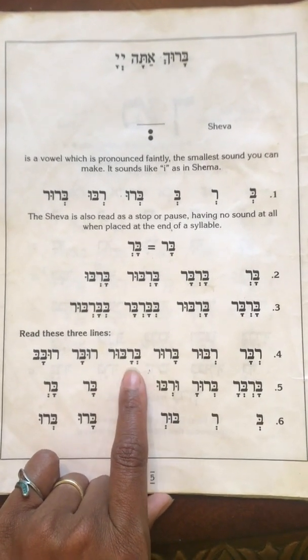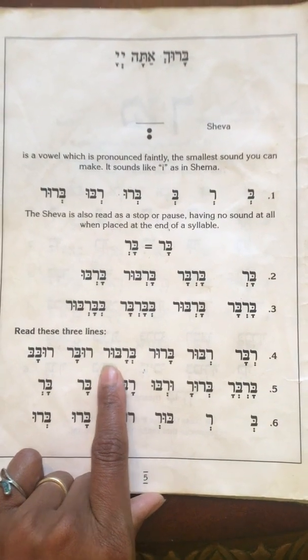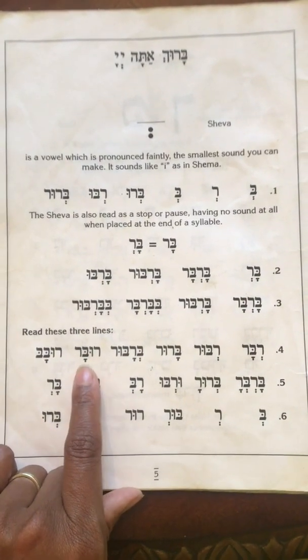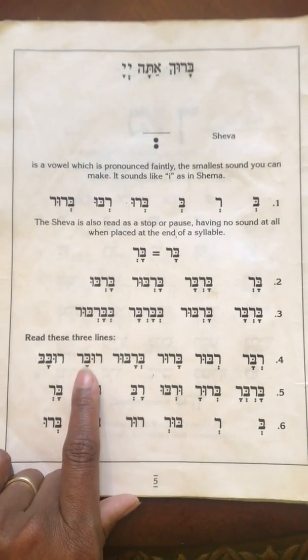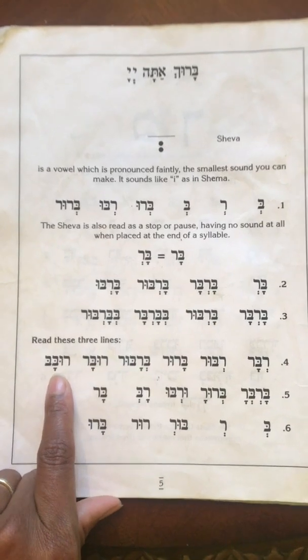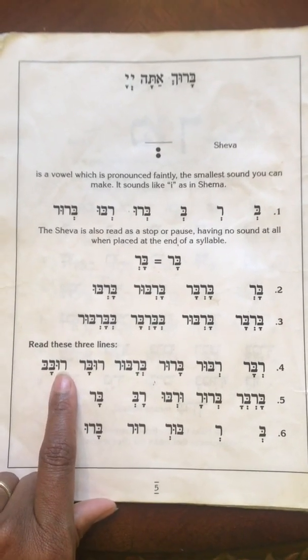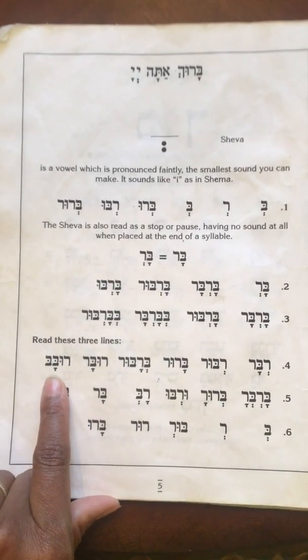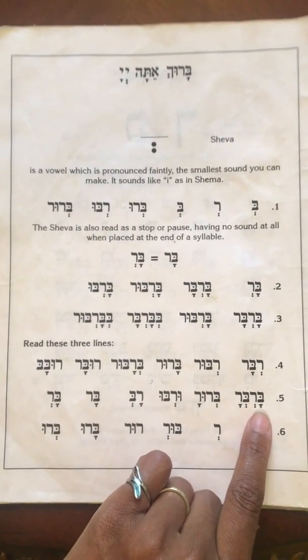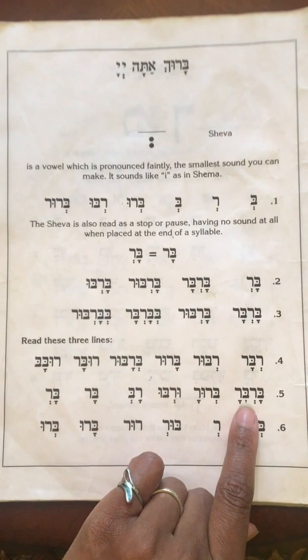Good. Rhubar. Okay, no shoe in this one. Rhubar. Rhubob. Good. Barbara.